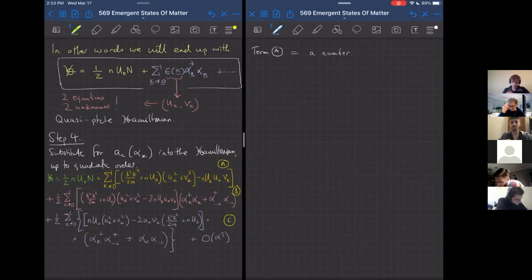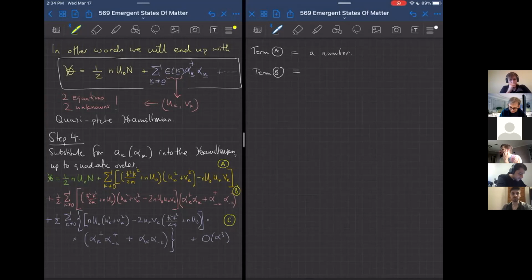Okay. Term B. So what kind of thing is that? Well, it's a sum over k of some god-awful mess, and then alpha dagger alpha, alpha dagger alpha. So it's basically a sum over k of some mess that depends upon k times alpha k dagger alpha k.